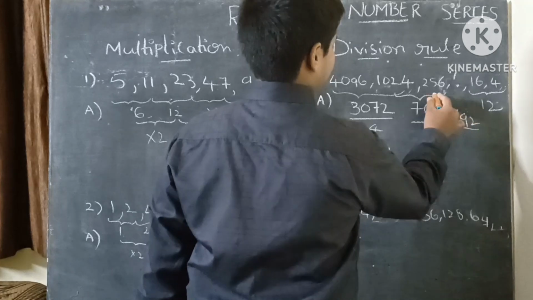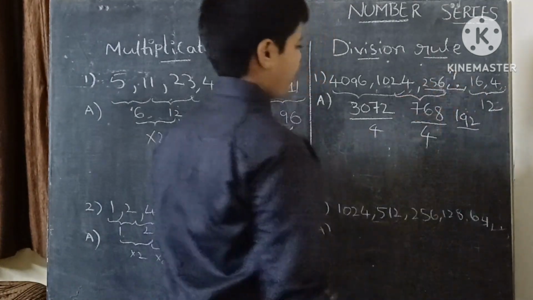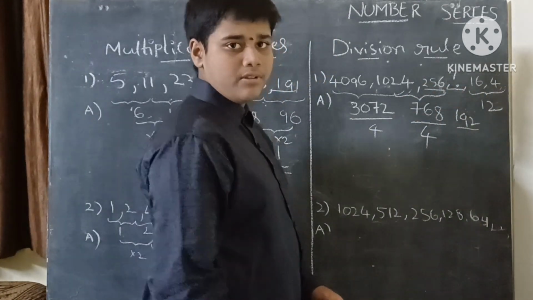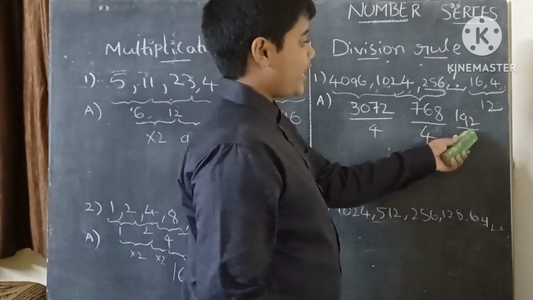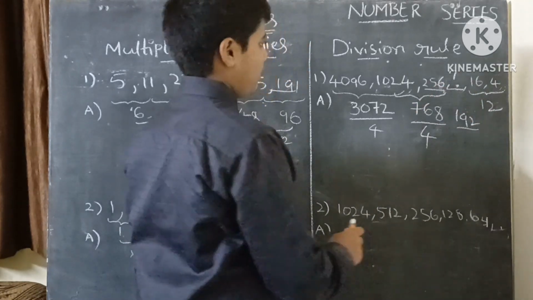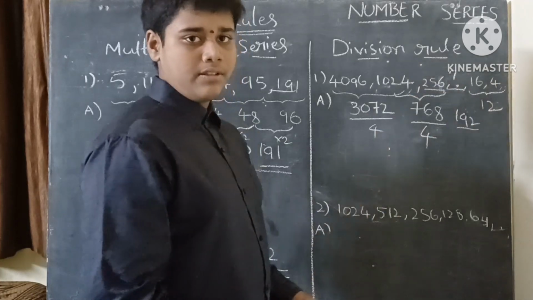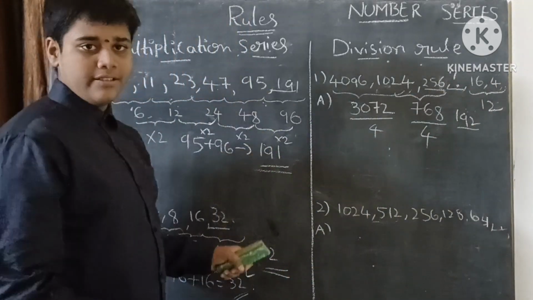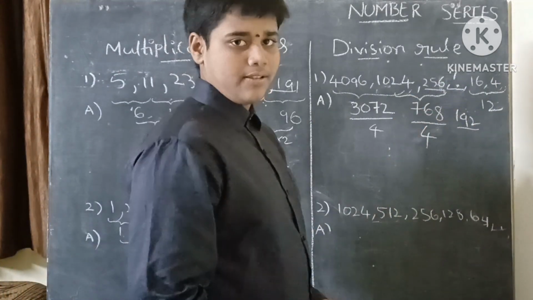So the difference between 256 and the unknown number is 192. First we take the difference between these numbers, then we can get the unknown number. In multiplication we added; in division we have to subtract.